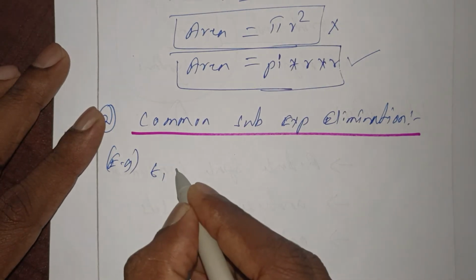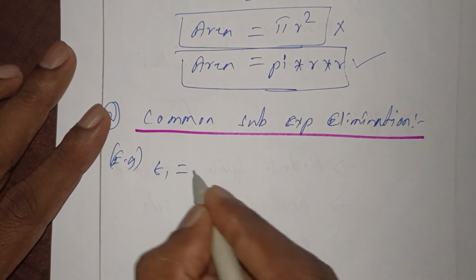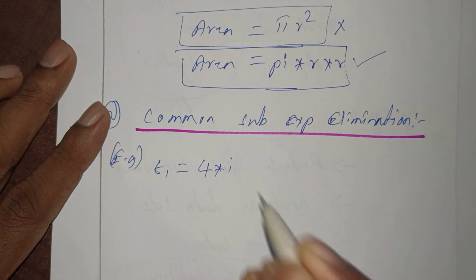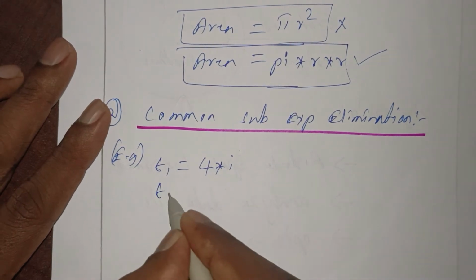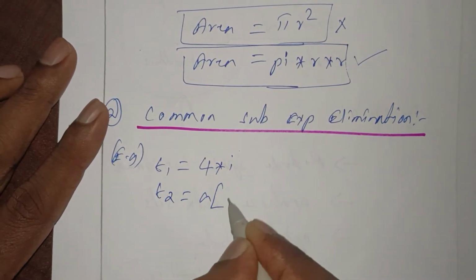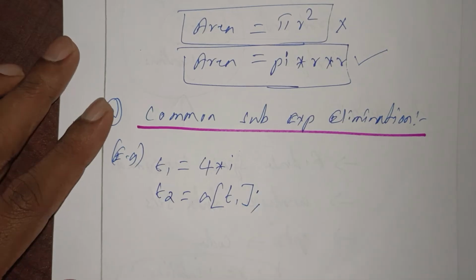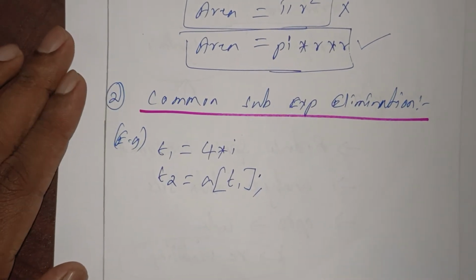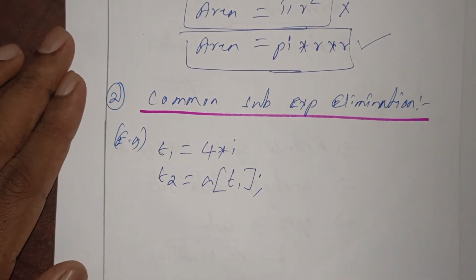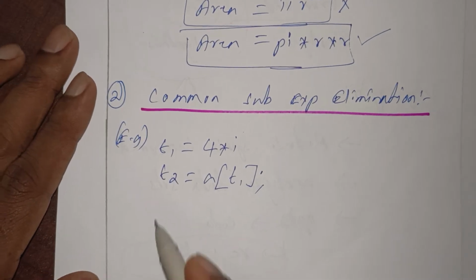Say for example, there is a three address code: T1 is equal to 4 asterisk i. T2 is equal to A of T1. Whatever I am doing here is just an example. If any expression here is written with an error, don't bother about it. This is for expression elimination, so we are going to check the redundancy.